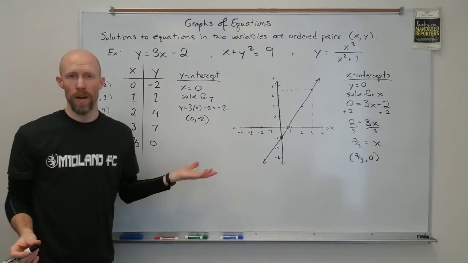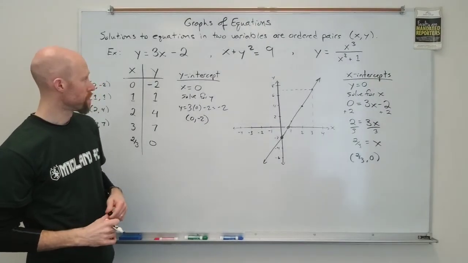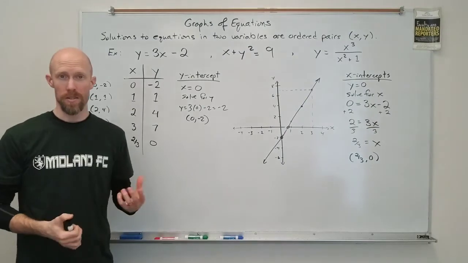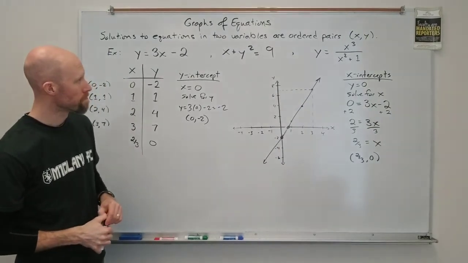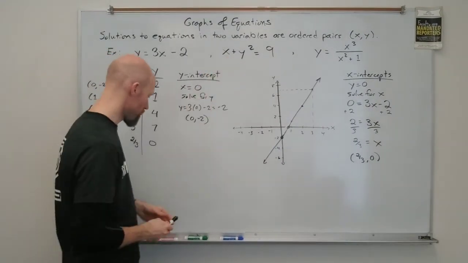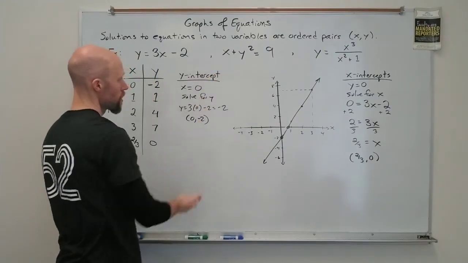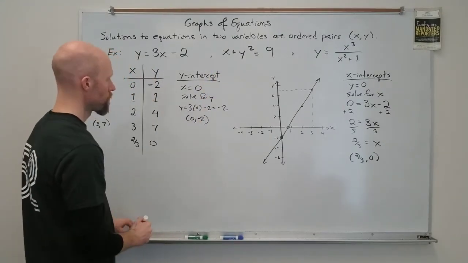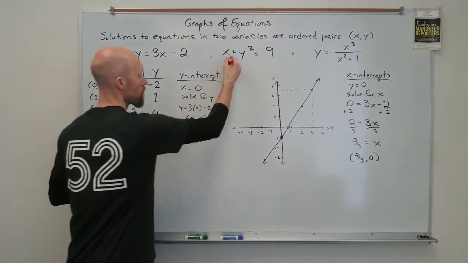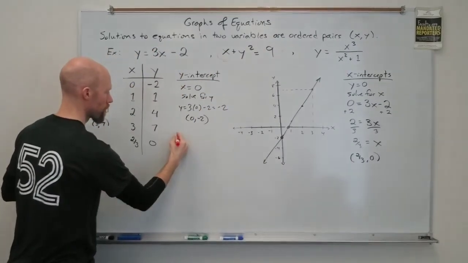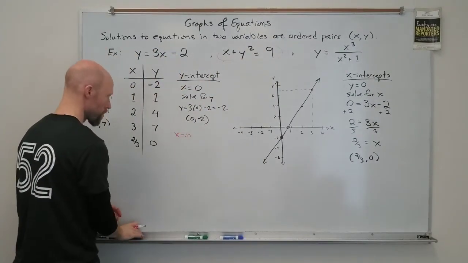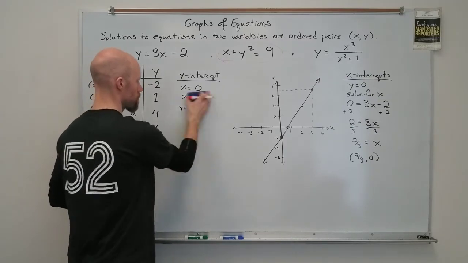And you can find x and y-intercepts for just about any graph, as long as they exist. So, for instance, for the second equation, if I wanted to find the x and y-intercepts, we'll do the x-intercept. Actually, let's do this, save myself some space here.